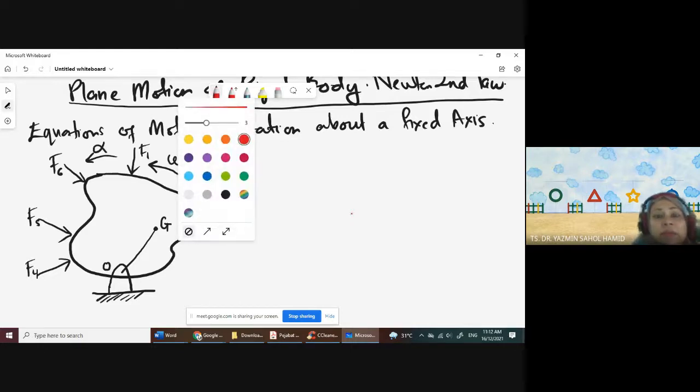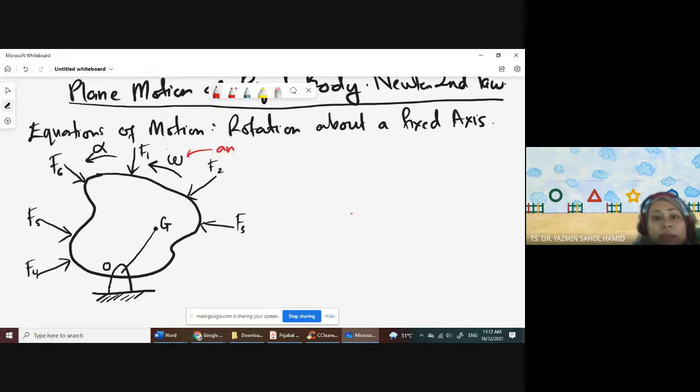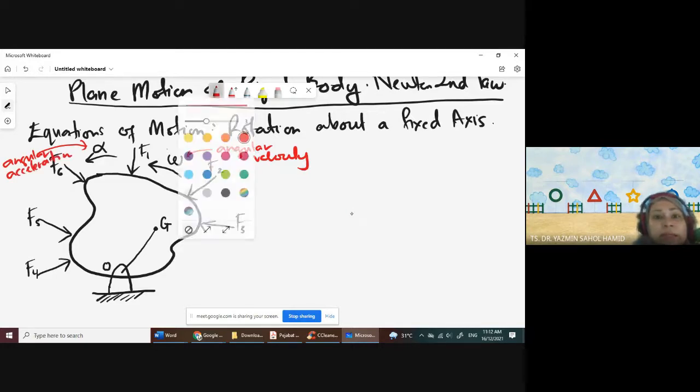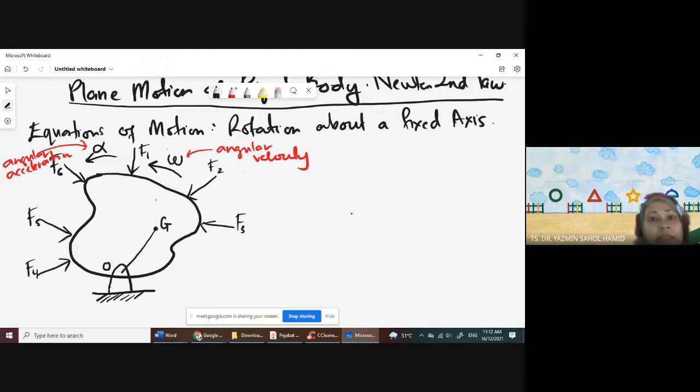Remember that? So this is angular velocity, and this is angular acceleration. These are called external forces.